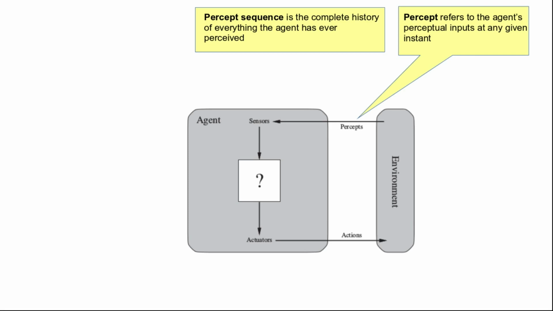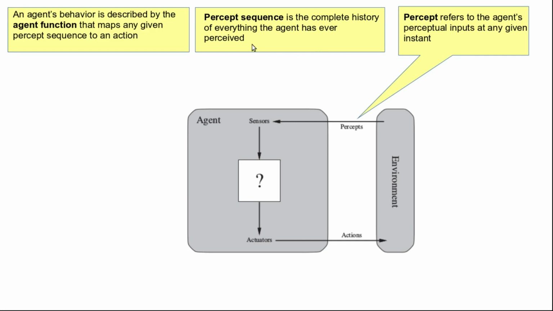Both percepts together make the percept sequence. Then maybe in the next time instant, we may see that the right turn is now 10 feet away and we see a pedestrian crossing the road. That would be the new percept, and the percept sequence will be the 3 percepts that we have seen so far. So I hope it is clear what a percept is and what a percept sequence is.